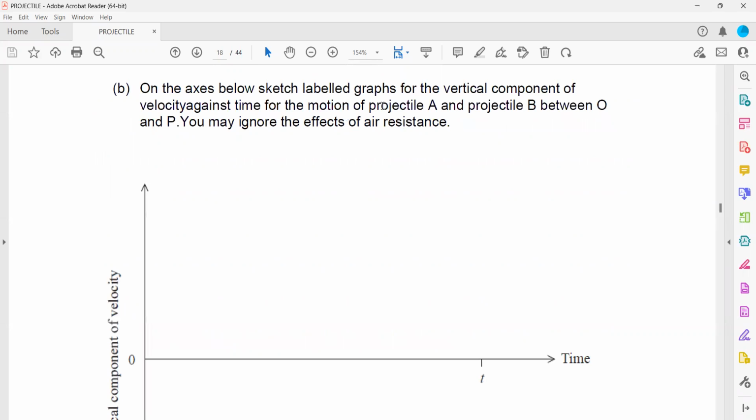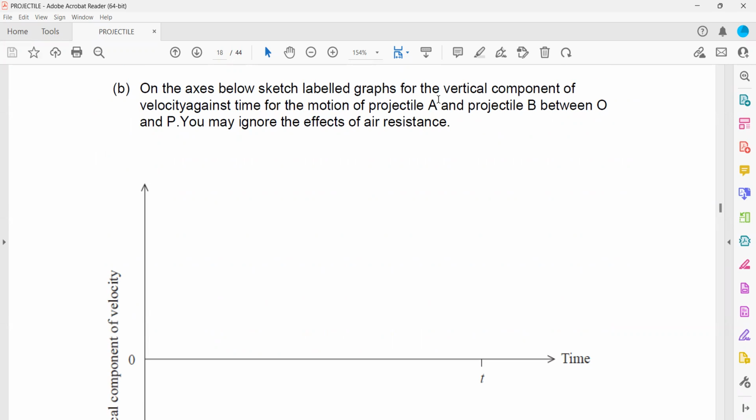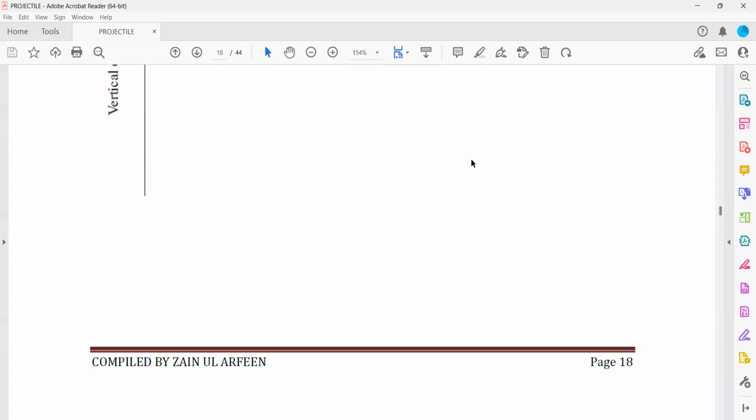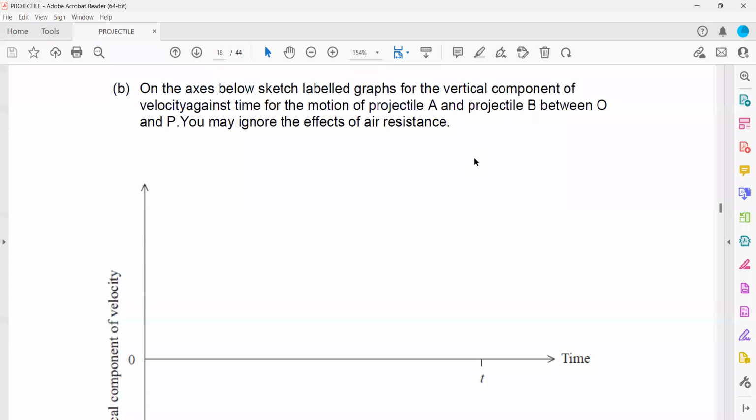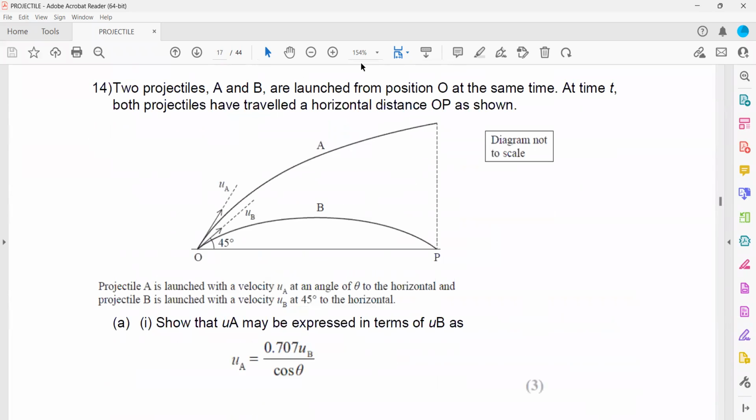The next one: on the axes below, sketch and label graphs for the vertical component of the velocity for projectile A and projectile B between O and P. So we have to draw the vertical components of the velocities. The vertical component of the velocity is UA sine theta, and for B it is UB sine 45.